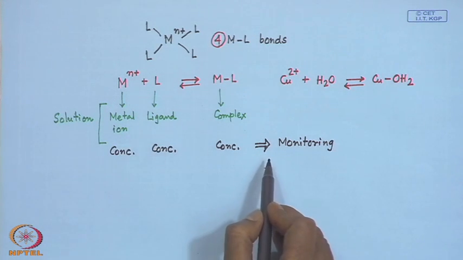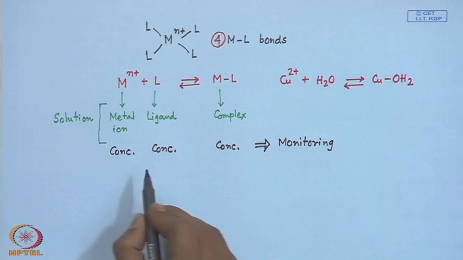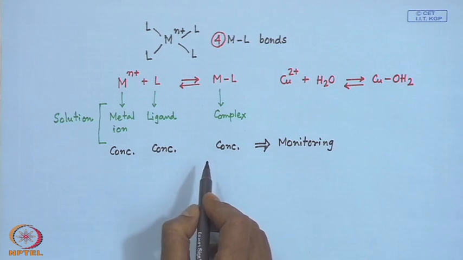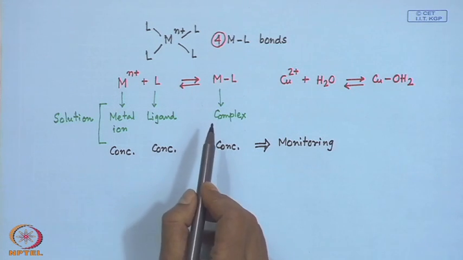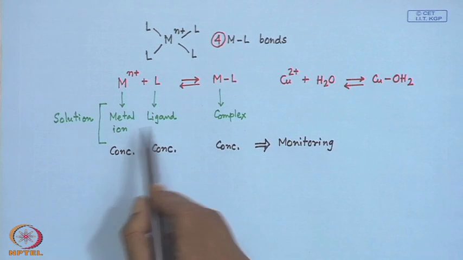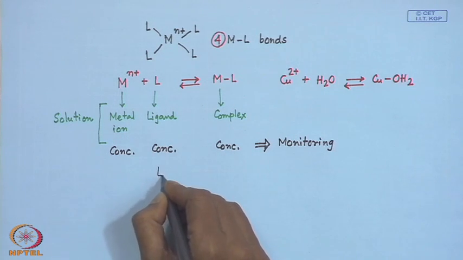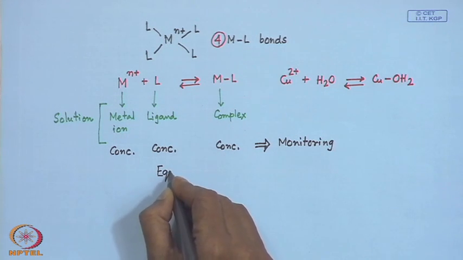So, during complex formation, all these species, the complex, the metal ion and the ligand, are in equilibrium.